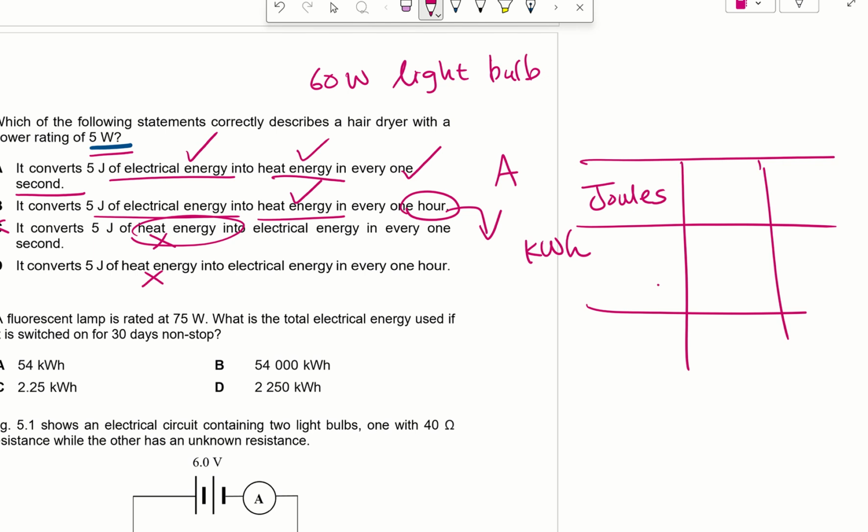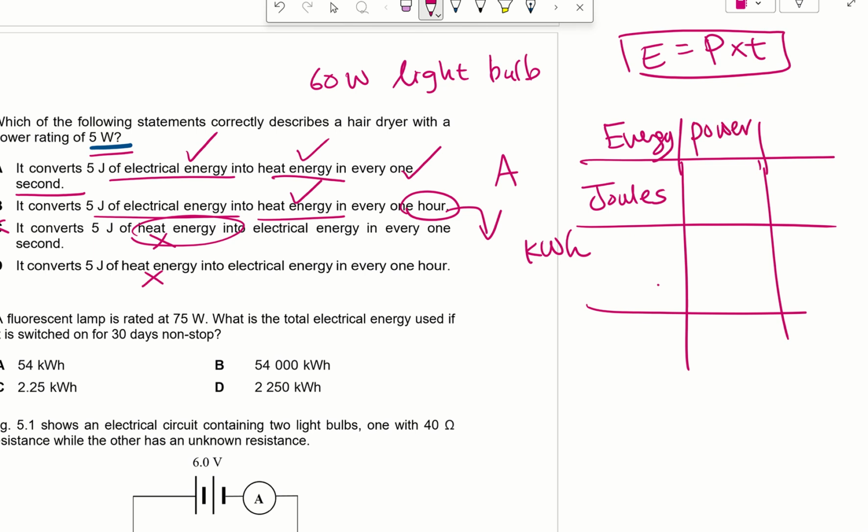Your energy is power times time. Okay, this is the formula that you need to know. So this is my energy. This part is power. This part is time. When I want my energy in joules, my power must be in watts. I'm going to include the symbol as well. Okay, my time must be in seconds.